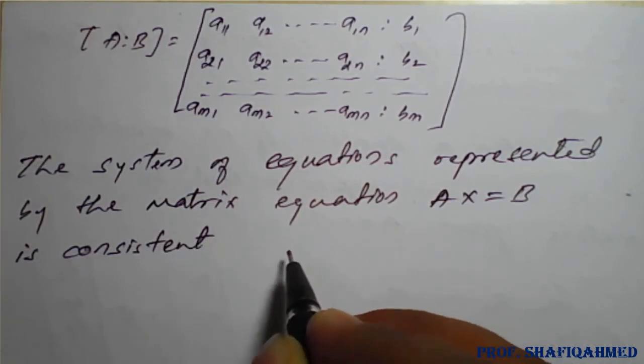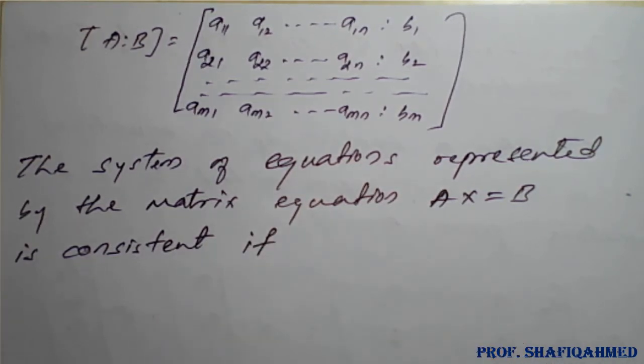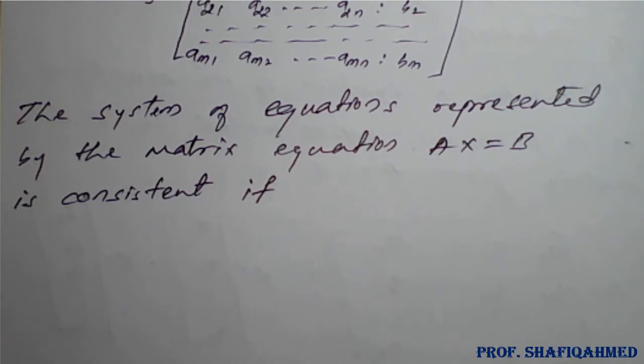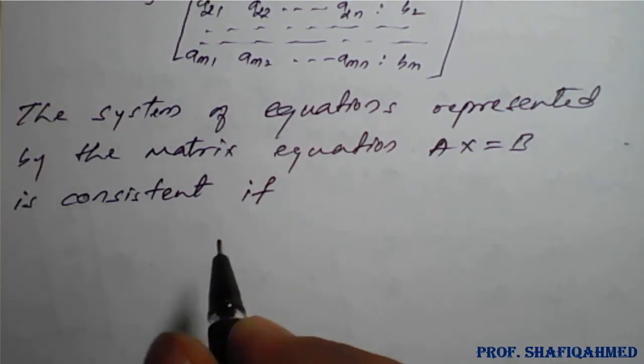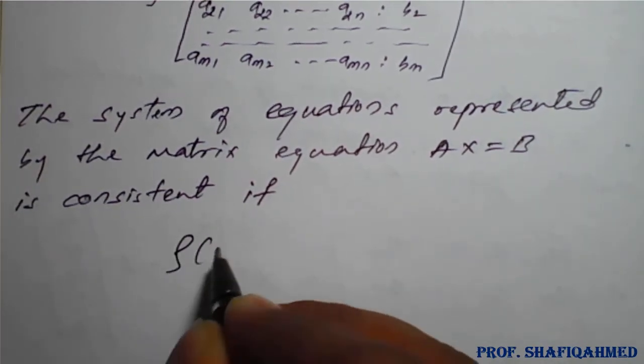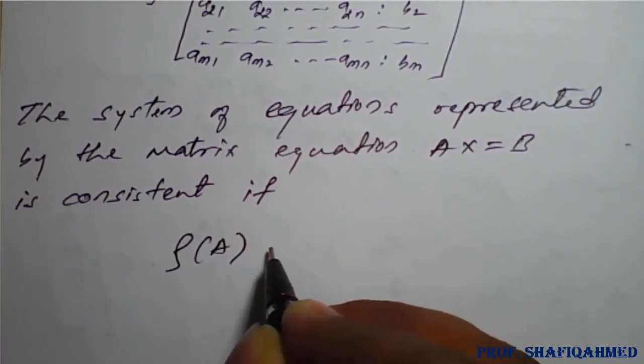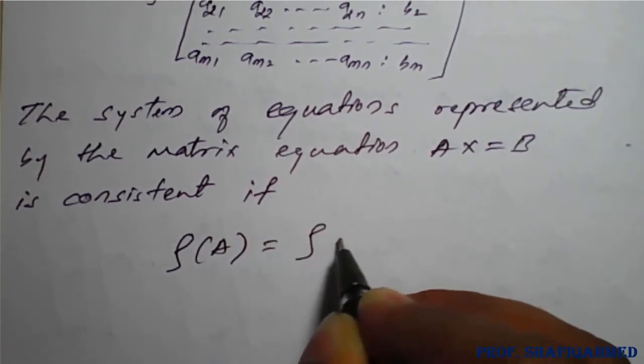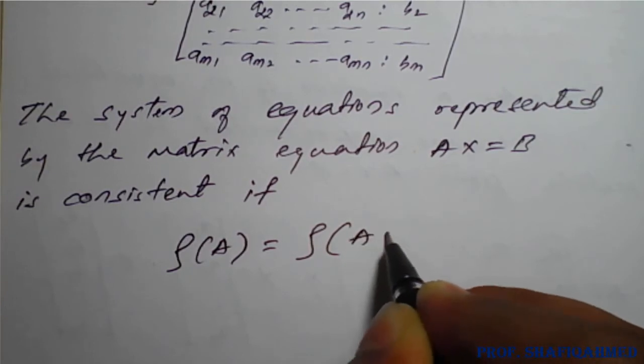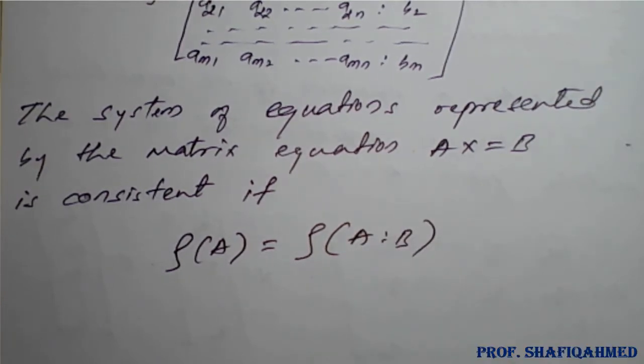Just see here, the system is consistent if the rank of matrix A is equal to the rank of the augmented matrix. Means both ranks should be the same.